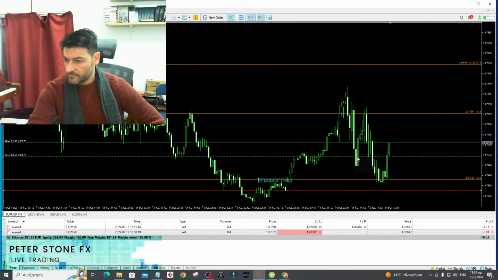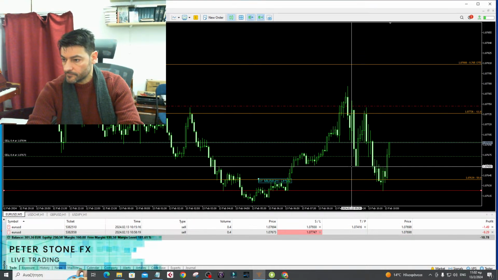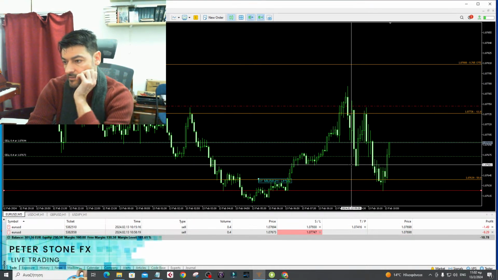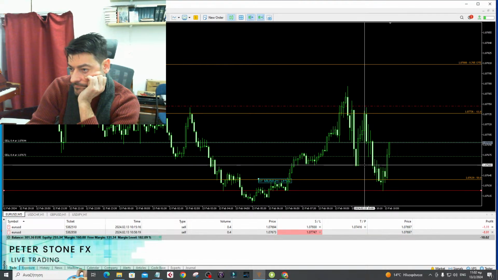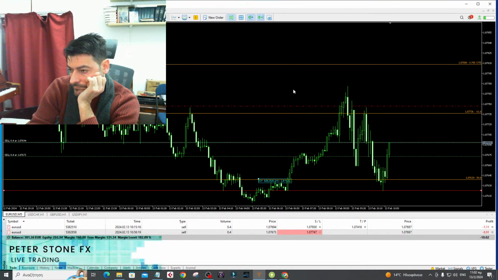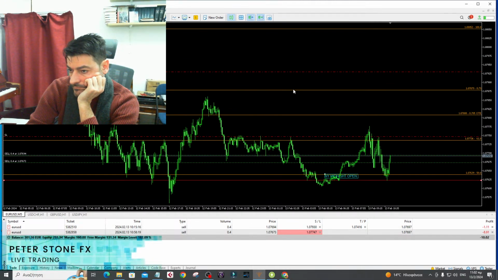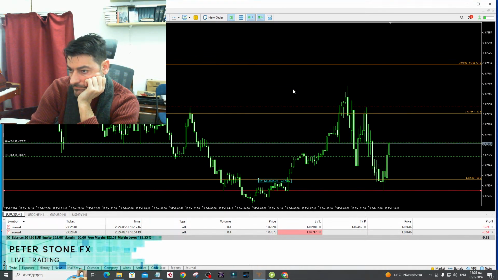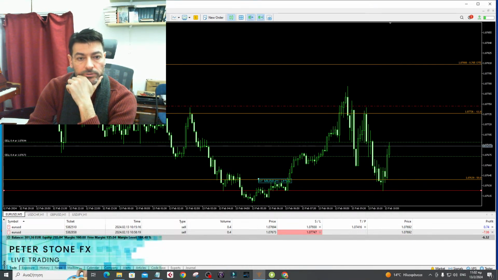This is an inverse bullish order block, and this is the exact point, a bearish one. The bodies are touching. The next candle broke it. Let's see what will happen.